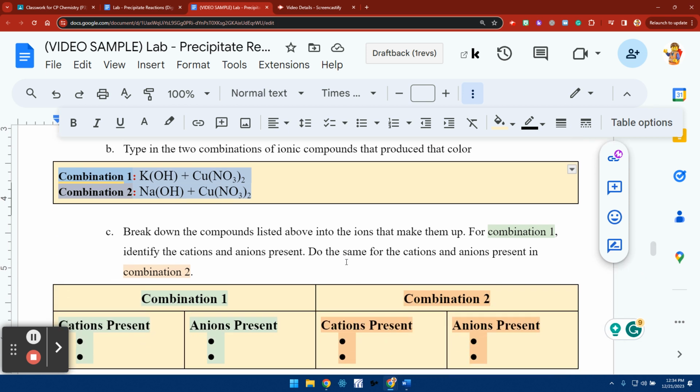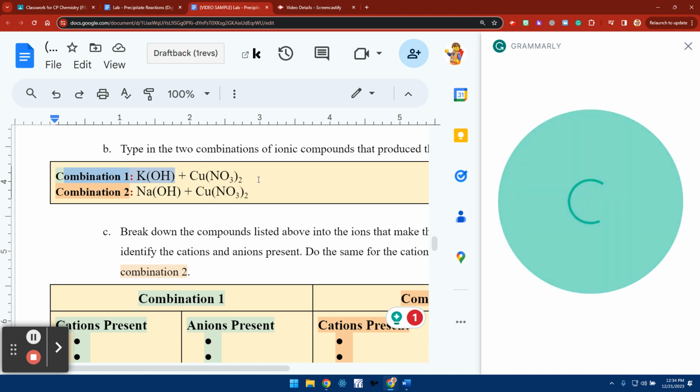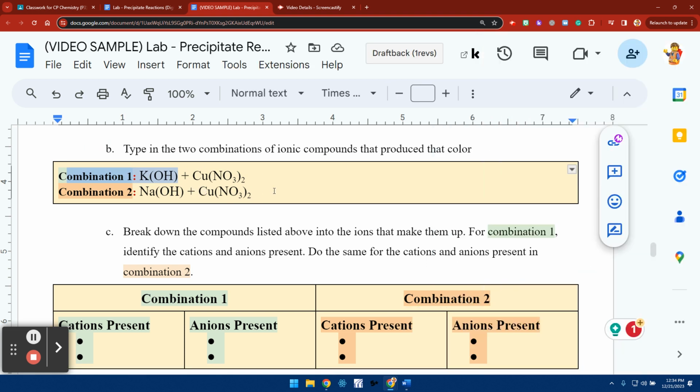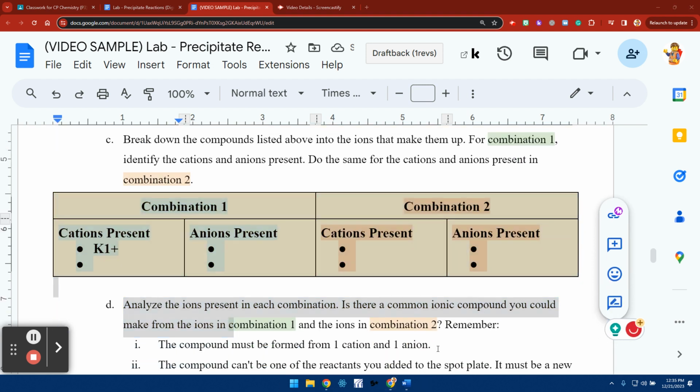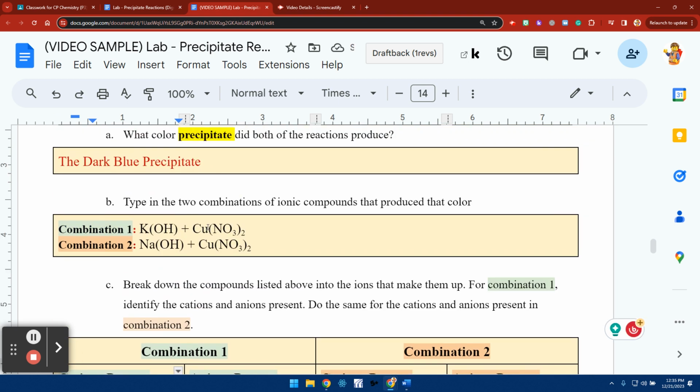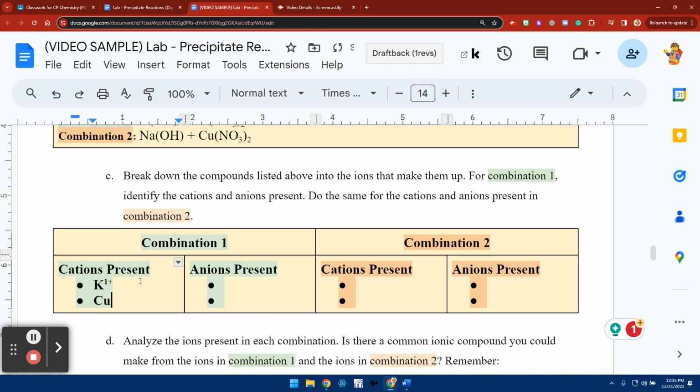So now the next step is I need to break these compounds down into the ions that made them up. So combination 1 of potassium hydroxide and copper 2 nitrate. The positive ions were the copper, all right, positive K with a +1 charge, and the copper, Cu2+.